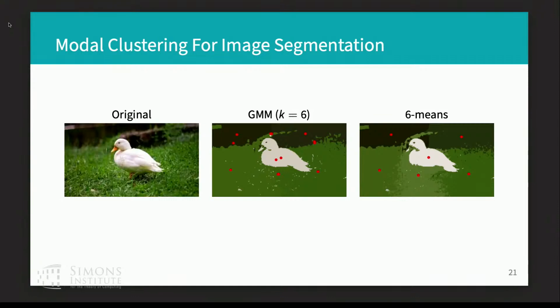So you have the beak of the duck here, which is better represented here than here. The idea is that when you fix the number of components, sometimes you are forced to make some decisions, and when you have the modes, you're not forced to make those decisions. On the other hand, you have some artifacts.